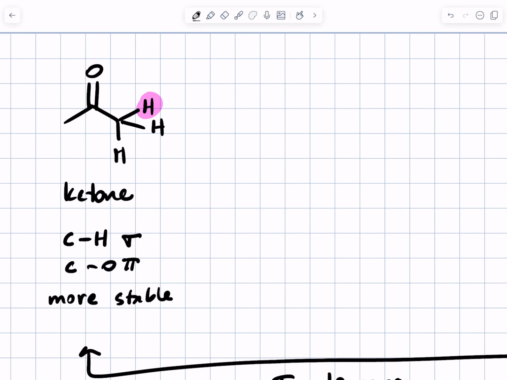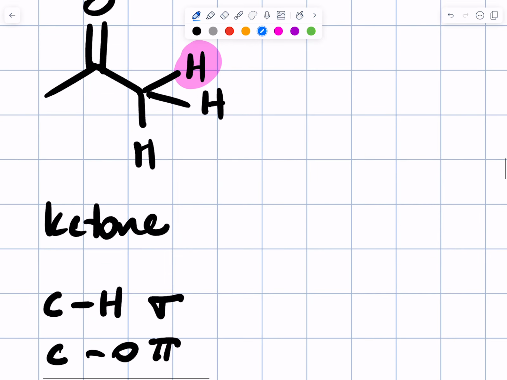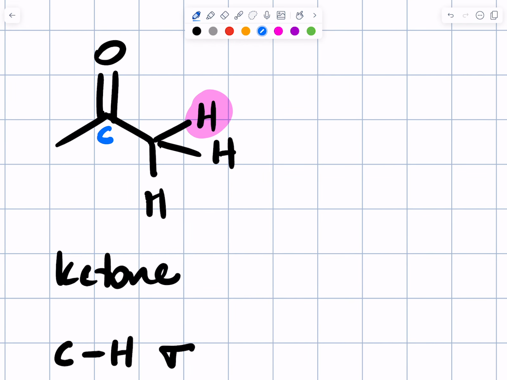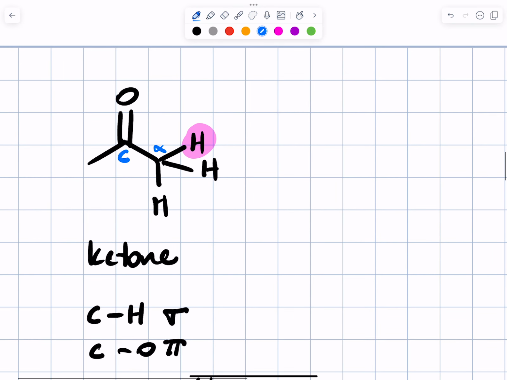And for this, we need to have some tools for talking about carbonyls. I'll call the carbonyl carbon C, and then adjacent to that is the alpha carbon. And it turns out that the proton that is alpha to the carbonyl carbon is more acidic than you would expect for a proton on an sp3 carbon.